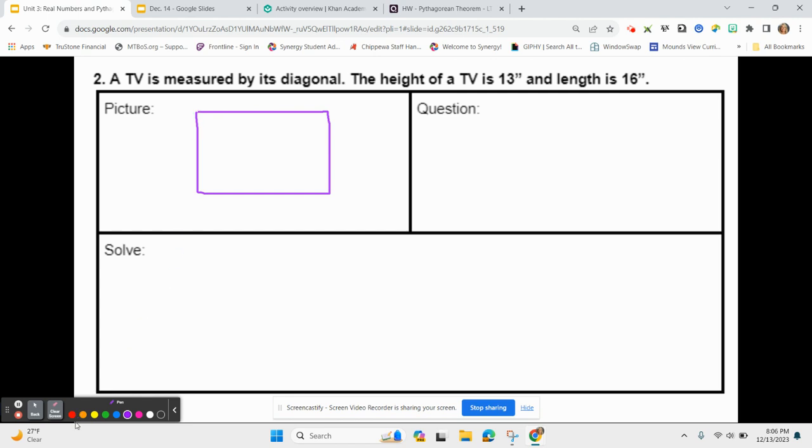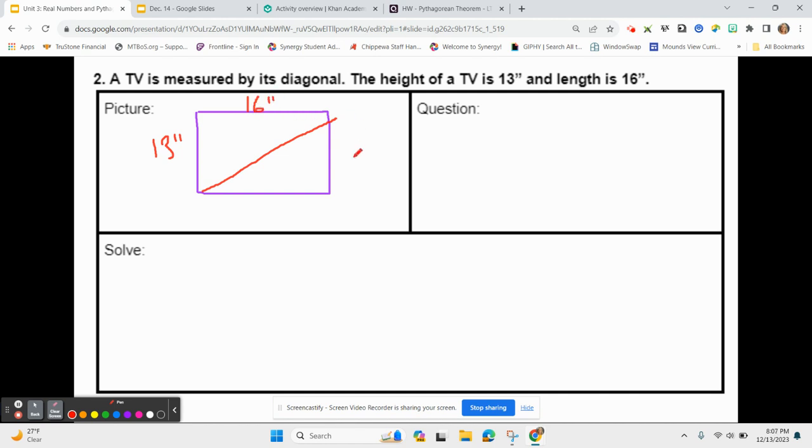TVs are measured for their diagonal. So here, it doesn't tell us the measure of the diagonal, but it says that the height is 13 inches. Got to be feet, not 13. Yeah, 13 feet. And the length is 16 feet.